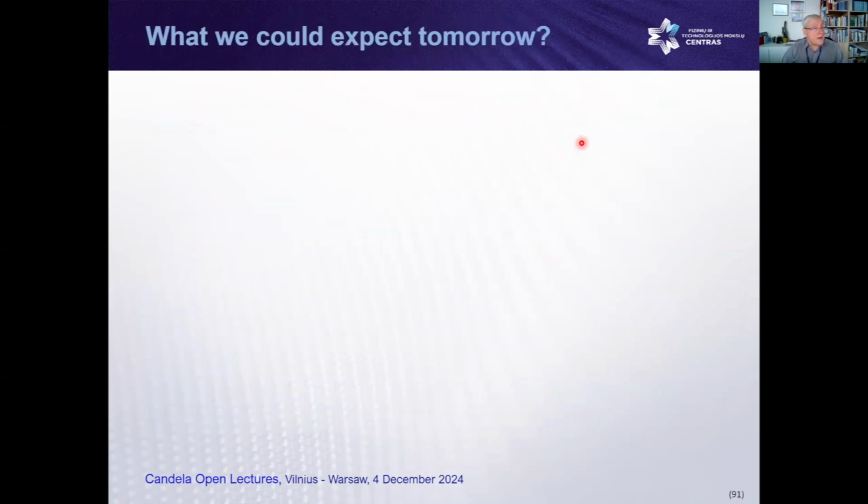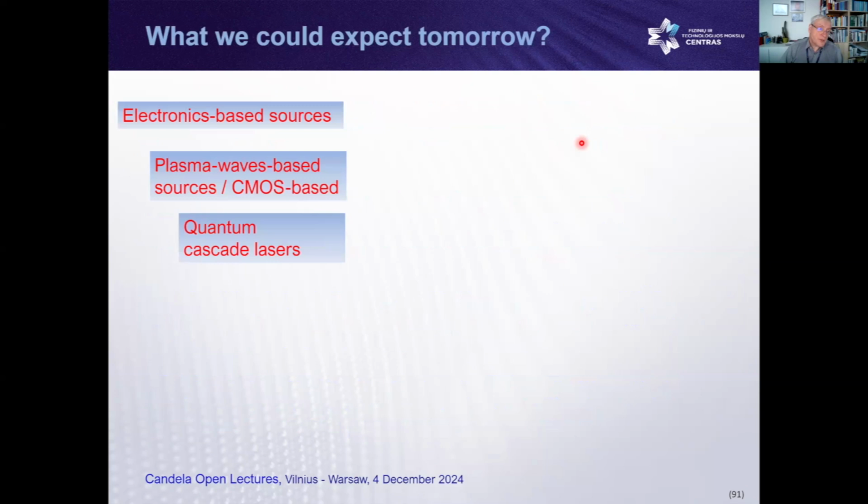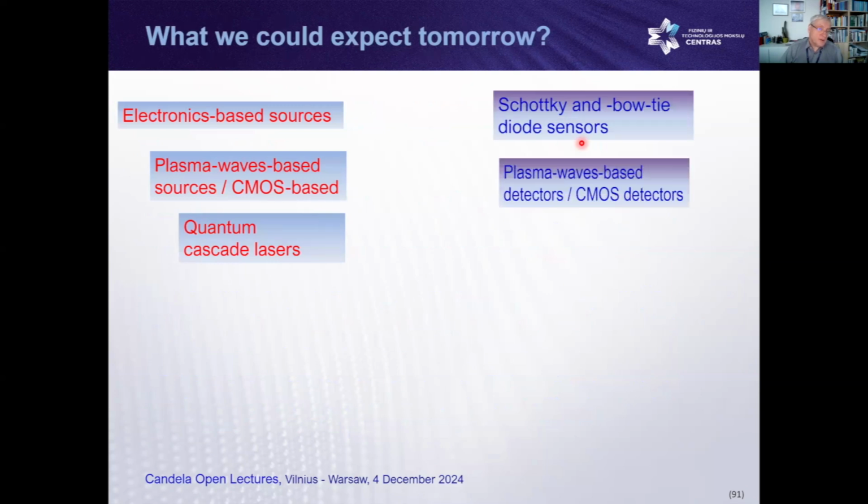So what could we expect tomorrow? What we talked about today, we have many options in emitters and many options in detectors. There are already many works, which I mentioned today.